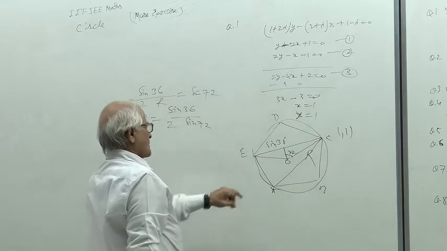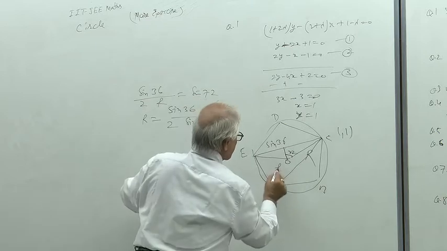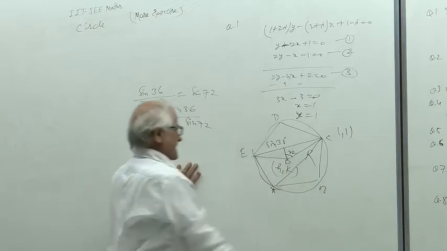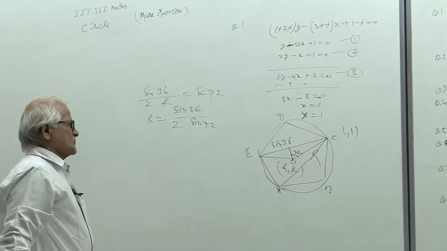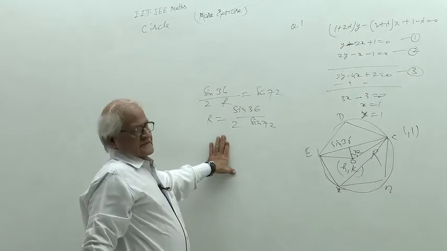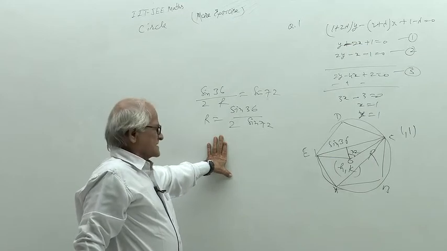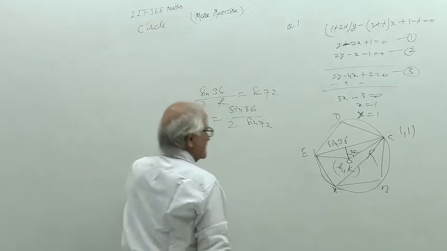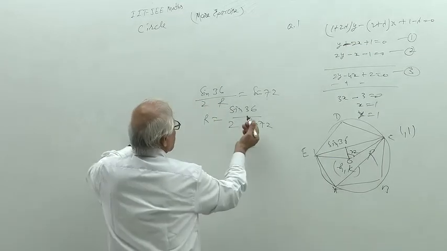Let this be (h, k). Now we are going to find the locus. You see, the radius is this.